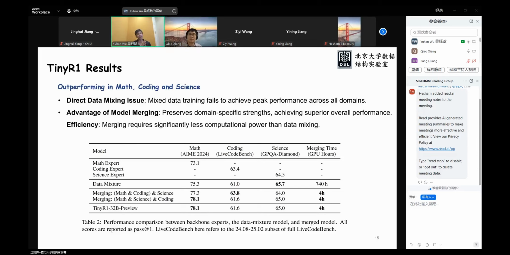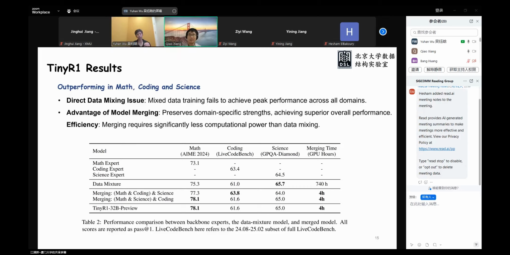And for the 700 GPU hours, they can use 100 GPUs to run at the same time, or even more. They have thousands of GPUs, so they don't care about the GPU hours in this part.